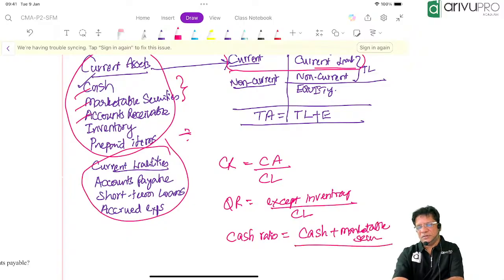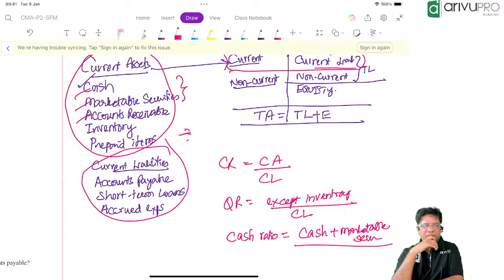Marketable securities means short-term investments. The company's excess cash is invested in short-term investments, because as a finance manager, you should not keep unnecessary cash in your bank balance. Any excess cash you should invest in marketable securities, meaning the short-term market. Let it earn extra income, and then you keep only the required cash.